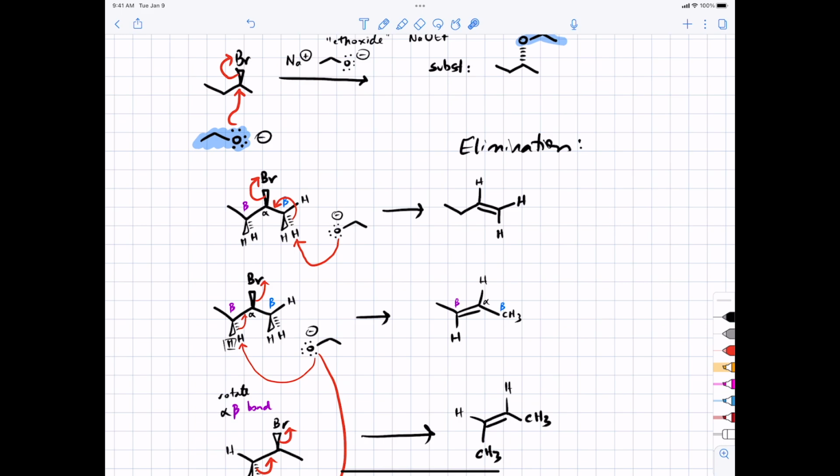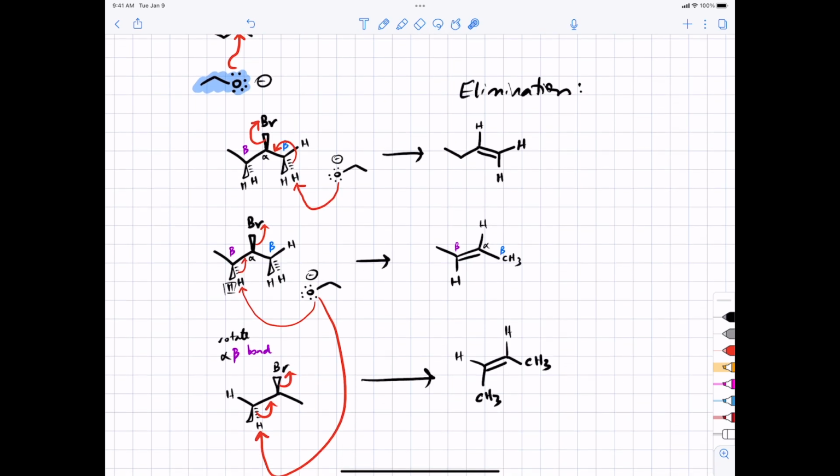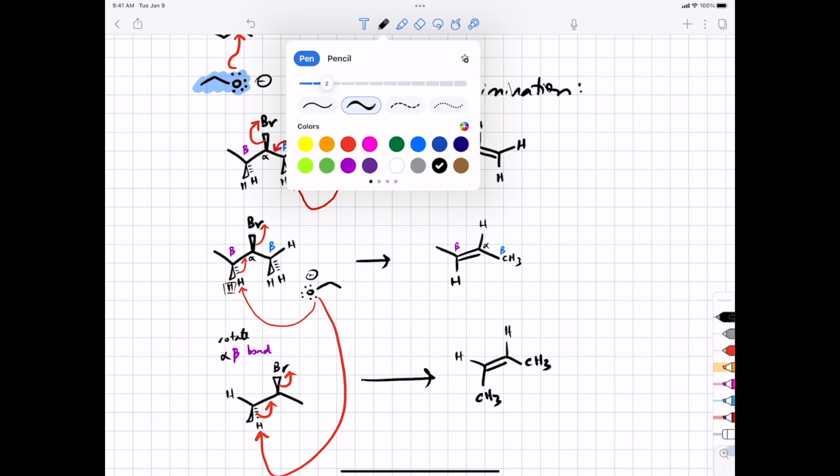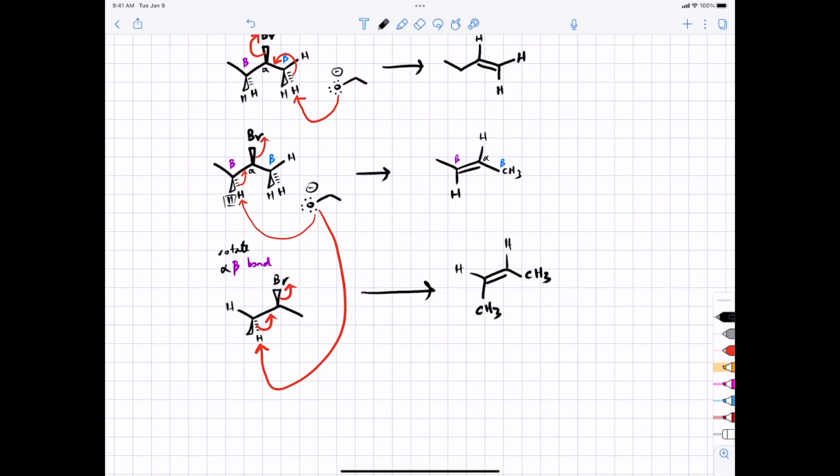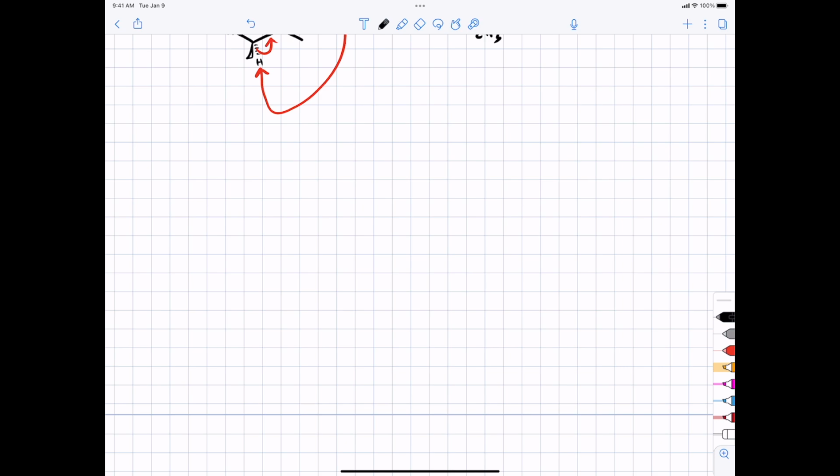So say you replace one of those hydrogens with, like, ethyl groups, so you have 2 different groups across that pi bond, would you not be able to form different stereoisomers?